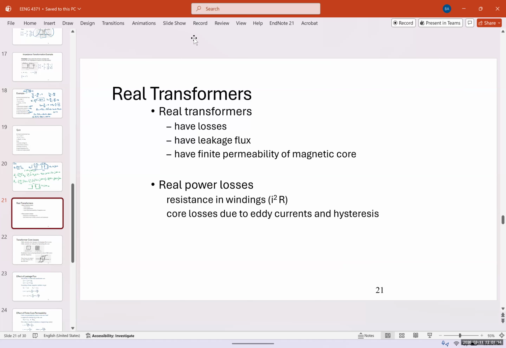Not all the flux goes through the core. Some of it goes through the air and dissipates. And you have finite permeability of the magnetic core. And for real power loss, resistance in windings gives I square R. And we have core losses due to eddy currents and hysteresis.